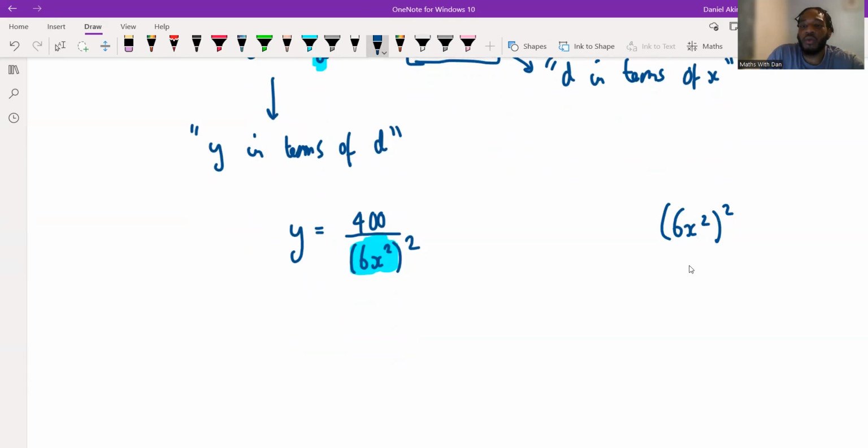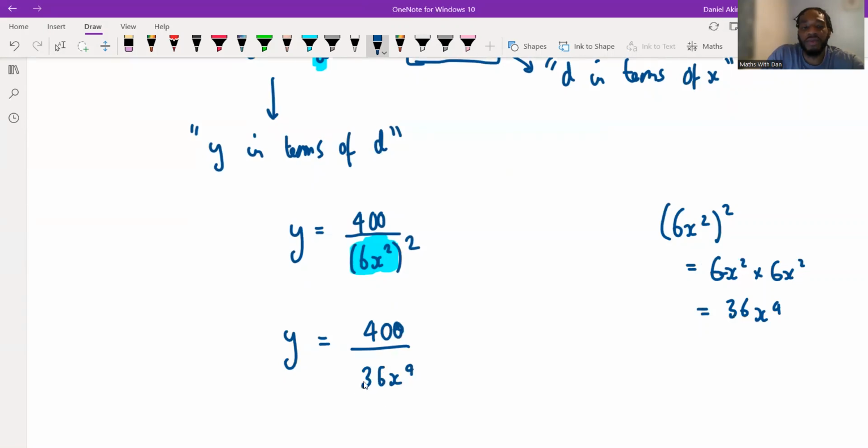All squared. Well, what does this equal to? This is just 6x squared multiplied by 6x squared again. This is going to be 6 times 6 is 36. x squared times x squared is x to the power of 4, right? So therefore, this becomes 400 divided by 36x to the 4, right?